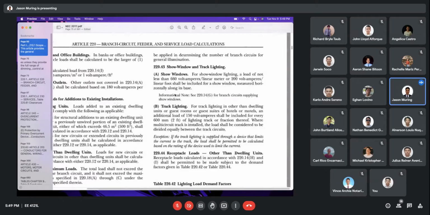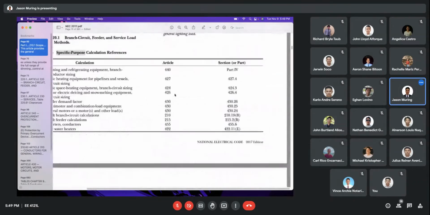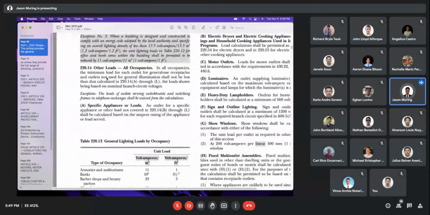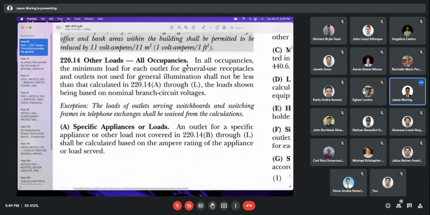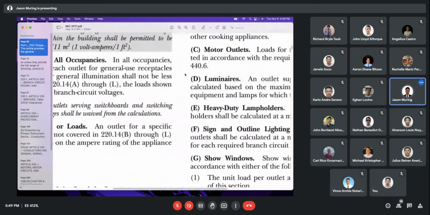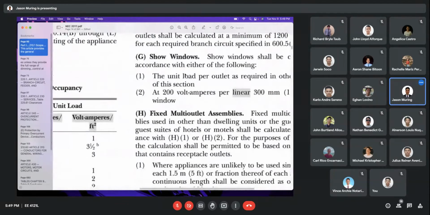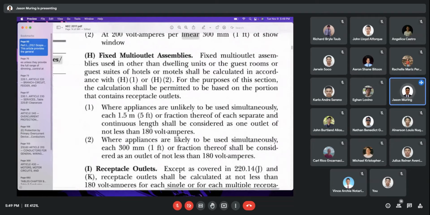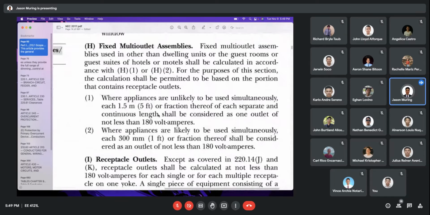220.14, it should be here. Yep, so this is 220.14 for all occupancies, I and H. These two: we have fixed multi-outlet assemblies and receptacle outlets.